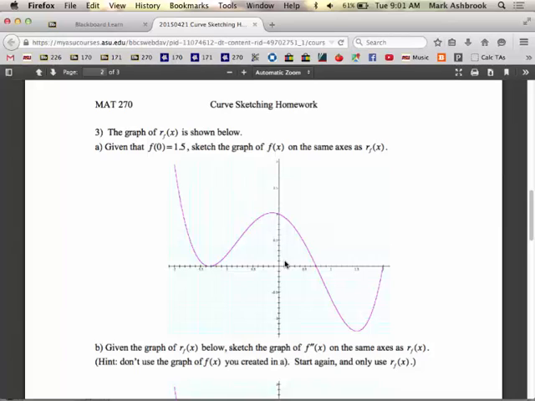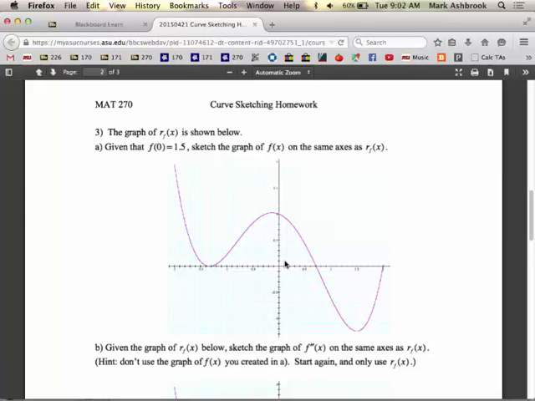Okay, so we said that so much of this boils down to one central idea: if a function is increasing, then the derivative or the rate of change is positive. And if the function is decreasing, then its derivative or rate of change is negative. And so like 75 to 85% of it just boils down to that central idea, because when we move to the first derivative and compare that to the second derivative, the exact same relationship holds, because the second derivative is simply the derivative of the first derivative.